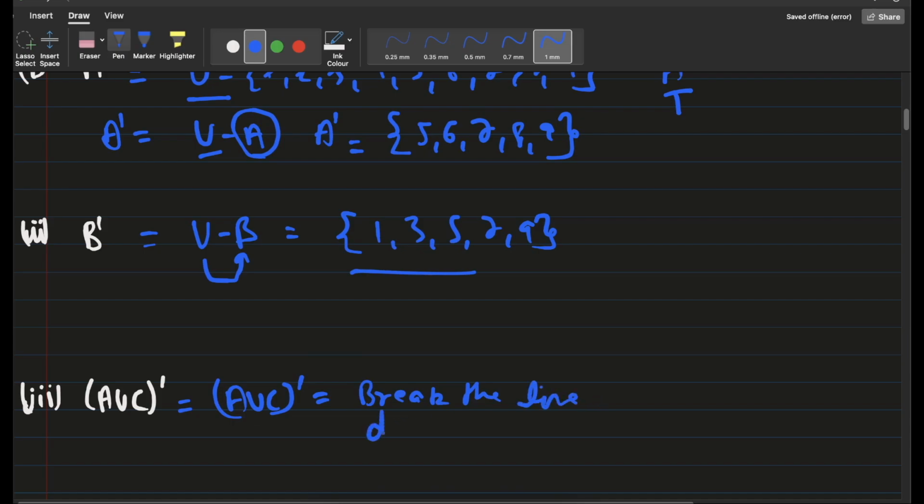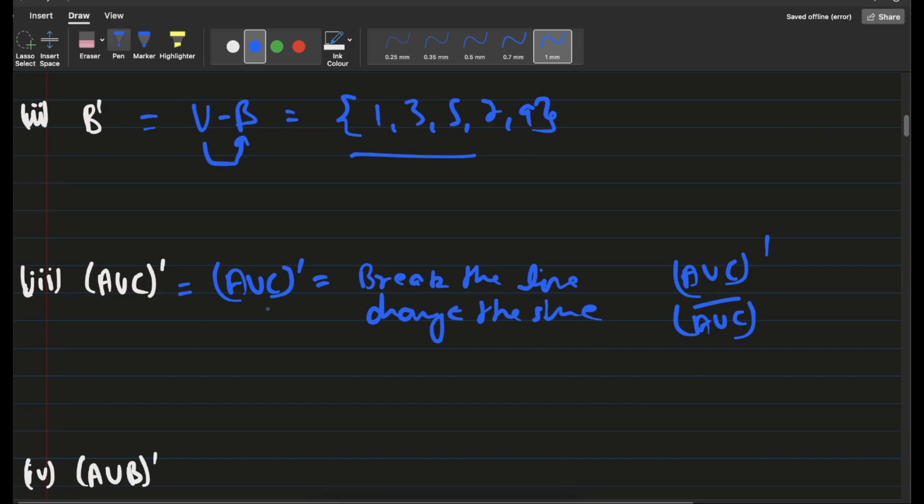We can write (A union C) dash, that is, A union C with a bar. So what does De Morgan's law say? Break the line, distribute it over the corresponding elements and change the sign. If it is a union operation, make it intersection, and if it is intersection, make it union. Got it? So now what would be (A union C) whole complement?